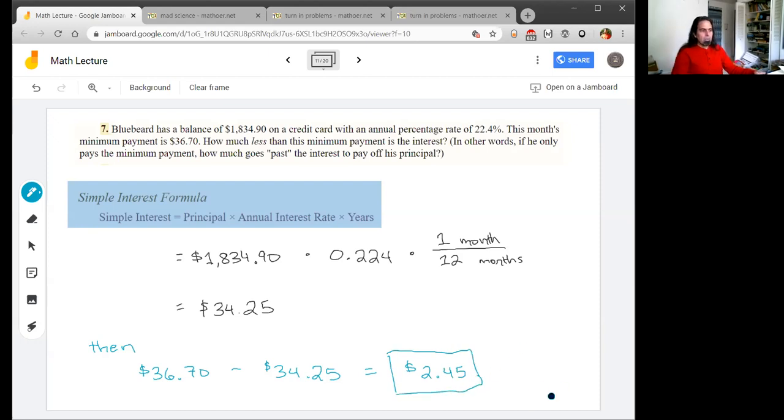Right, so that's all of the Bluebeard problem, just written less. Does that make more sense?